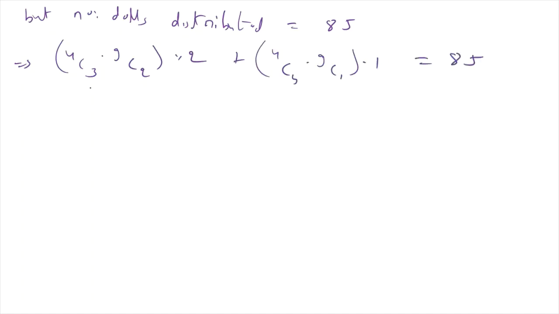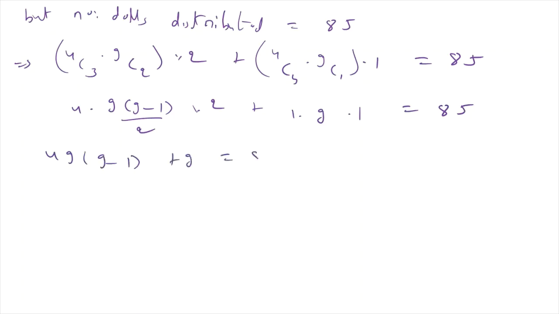4 choose 3 is same as 4 choose 1, which is equal to 4. 4 times G choose 2, which is G times G minus 1 upon 2, times 2, plus 4 choose 4 is 1 and G choose 1 is G, times 1, is equal to 85. So this implies 4 times G minus 1 plus G is equal to 85. So which is 4G square minus 4G plus G, which is minus 3G, minus 85 is equal to 0.